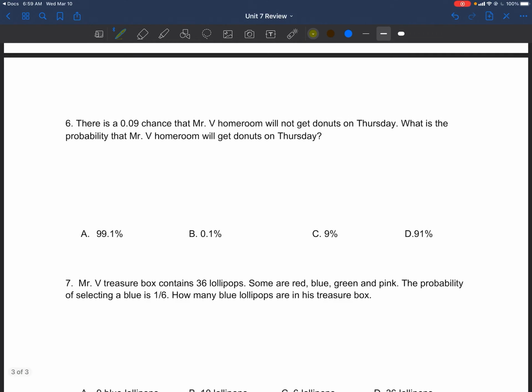Number 6. There's a 0.09 chance that Mr. V's homeroom will not get donuts on Thursday. What is the probability that Mr. V's homeroom will get donuts on Thursday? So right now we have 0.09 of not getting donuts. We want to know what's the probability that they will get it.